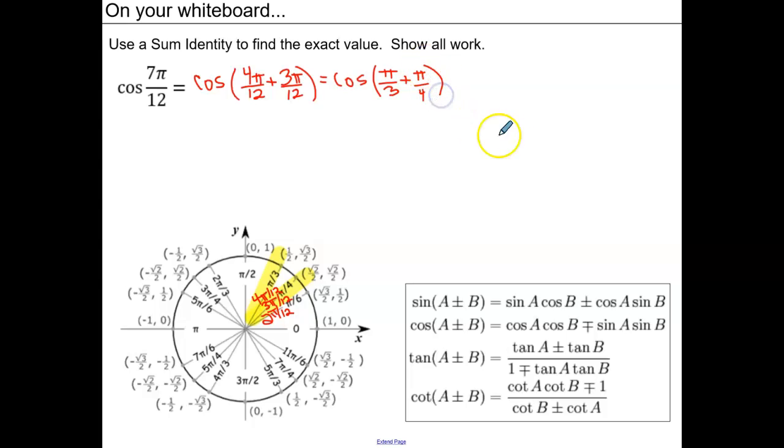Okay, now we're going to apply our cosine identity for the sum of two angles, and that's going to give us the cosine of A, which is pi over 3, times the cosine of B, and our angle B is pi over 4.